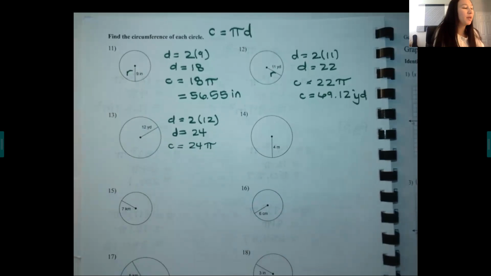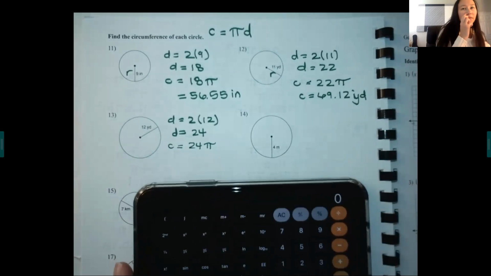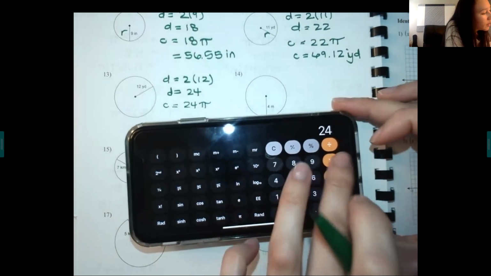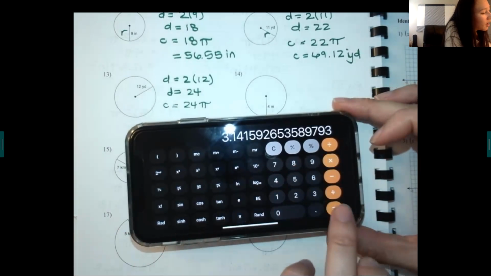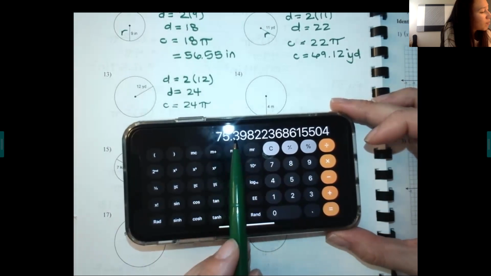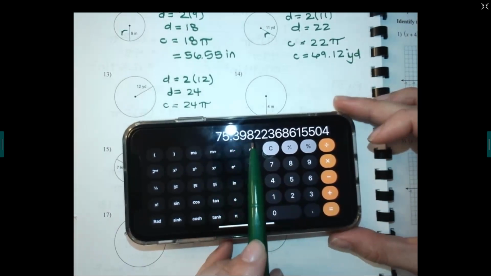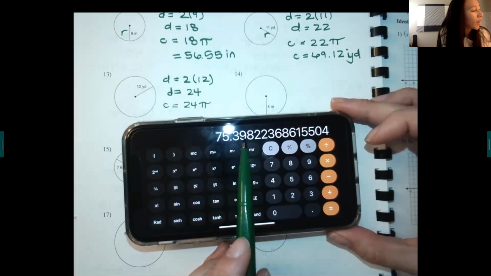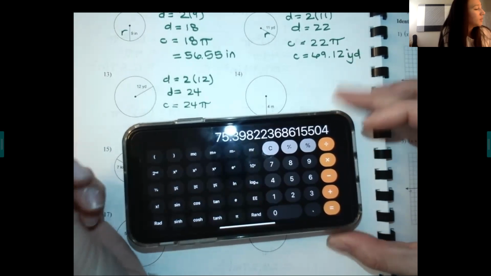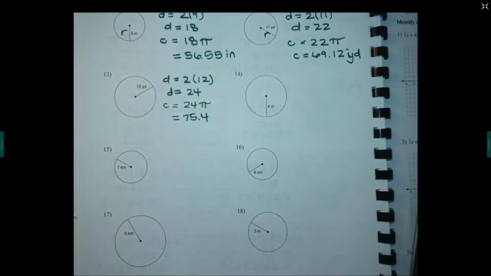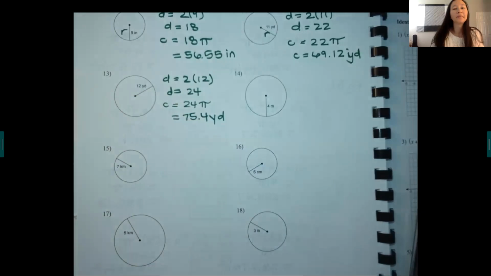Okay. Yep. So from here, you just do it on your calculator. So if you turn it sideways, you get the more scientific buttons, and then we do 24 times pi. And that is 75.398. So that would just round up to 75.4 because we can't round the 9 up. So we'll just say 75.4. Good. Thanks, Jose.